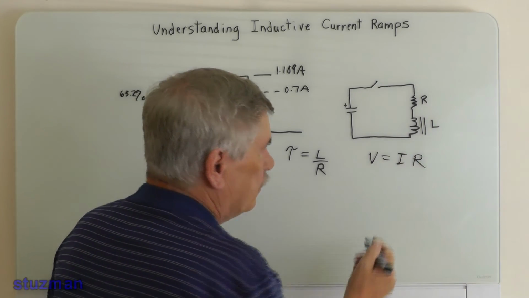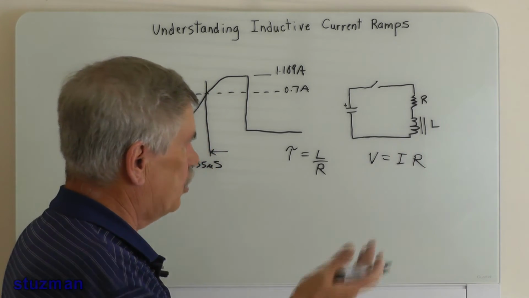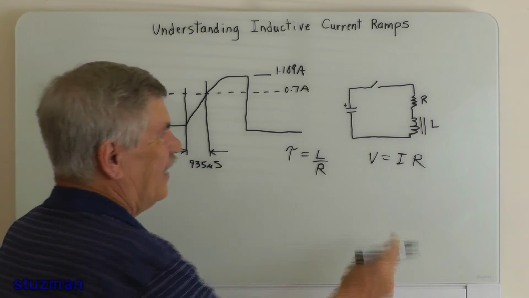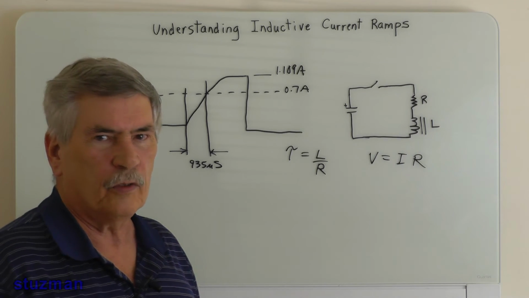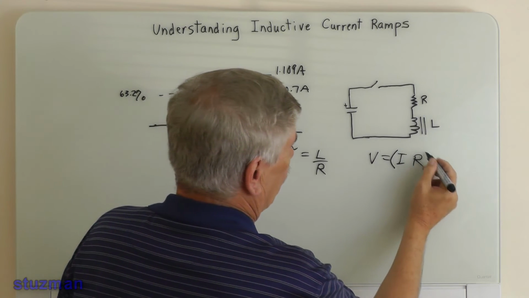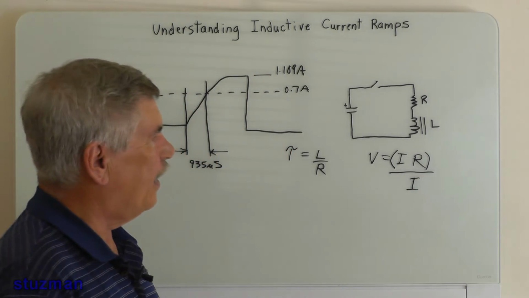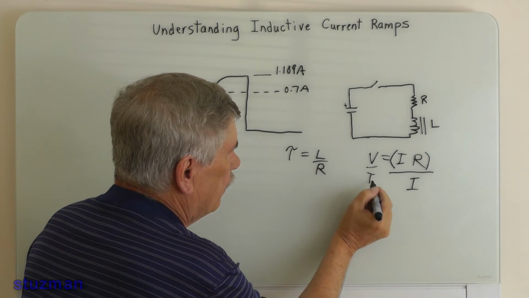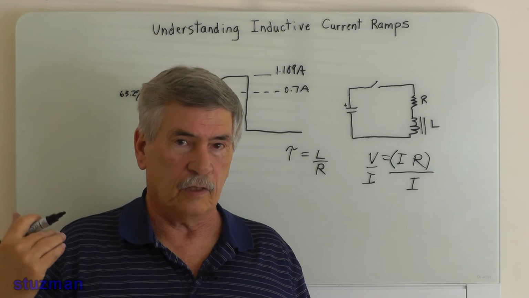Now, for the ones that don't know how to transpose equations, I want to solve for R. So what does that mean? It means I need to get R by itself, and I want to get rid of I. So what do I need to do? If I divide both sides of the equation by I, remember, whatever I do to one side of the equation, I have to do to the other side.